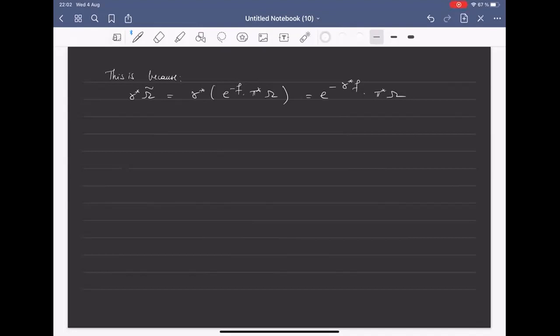So this is because gamma is a deck transformation. And now if we do this trick to reinsert the exponential of f, so this is the exponential of f minus gamma star of f times omega tilde.